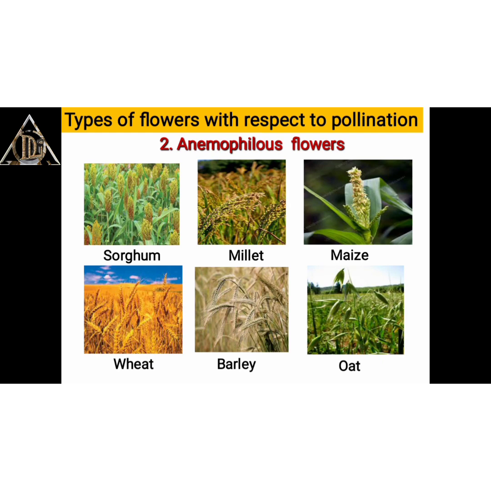While we considered entomophilous flowers as insect-pollinated flowers, we consider anemophilous flowers as wind-pollinated flowers. And examples of such flowers, we have sorghum, millet, maize, wheat, barley, oats, among others.